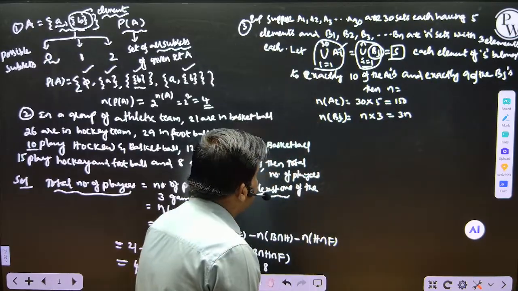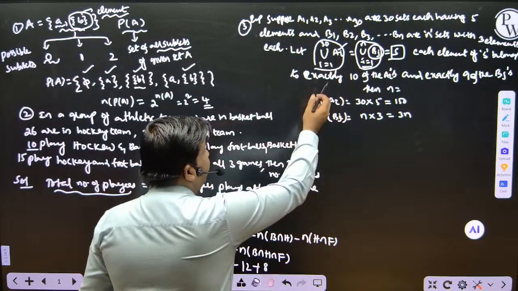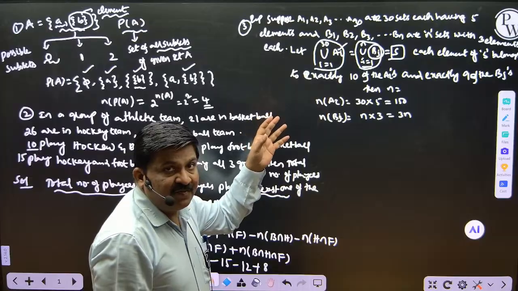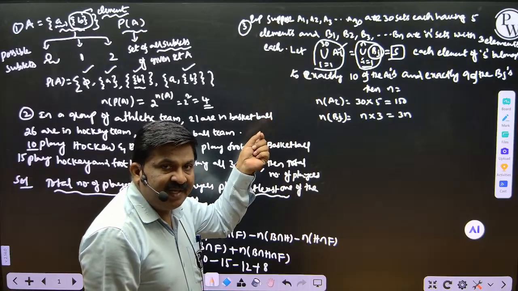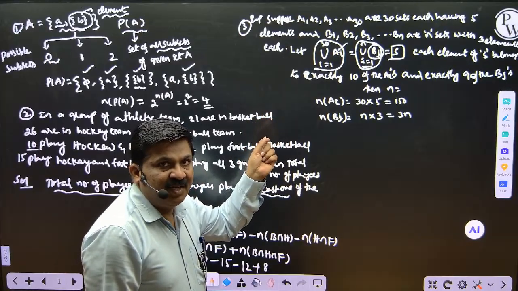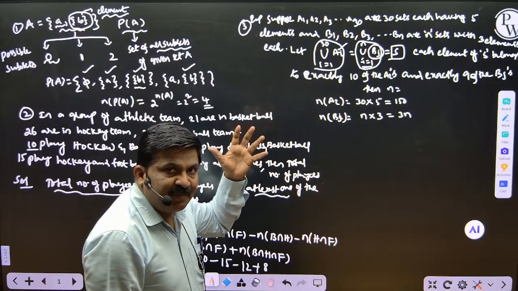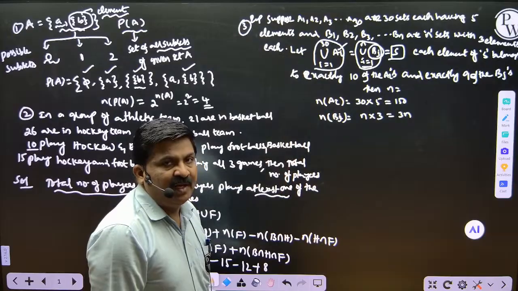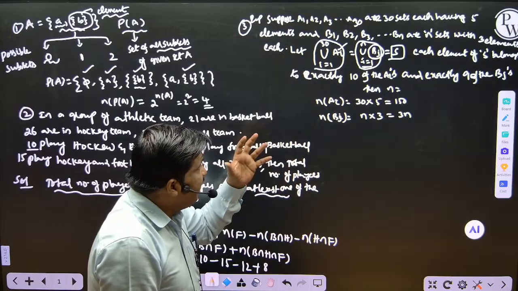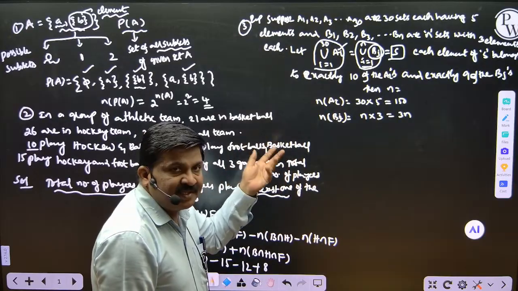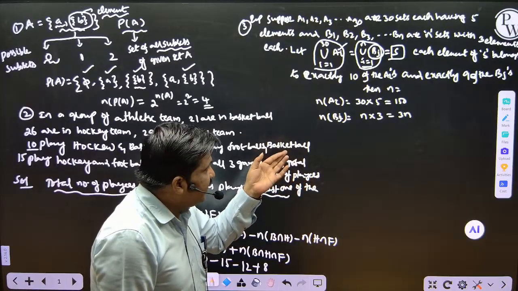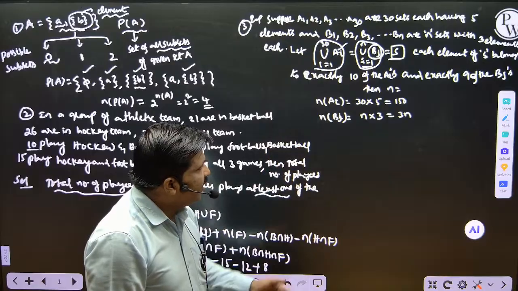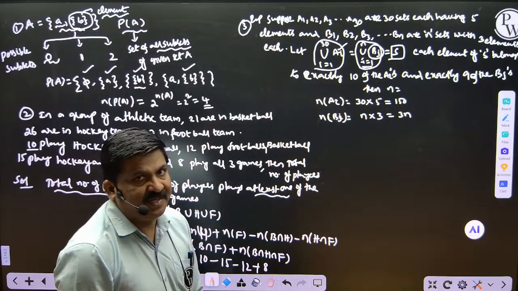For the Ai's, it is a union of 30 sets with 5 elements each, so 150 elements. For the Bj's, it is a union of n sets with 3 elements each, so the number of elements in the Bj's is 3n.